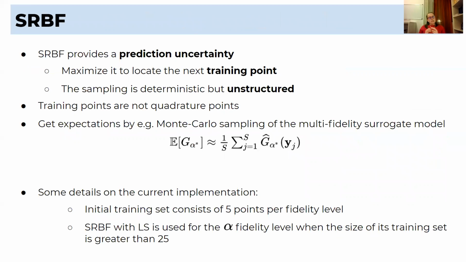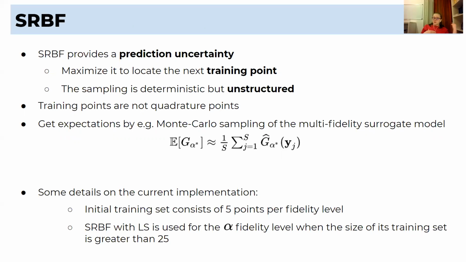Yes, and then we have seen clearly from the plots that we always have a prediction, and each prediction has an associated uncertainty. And this is what we look at in order to drive the adaptivity process.